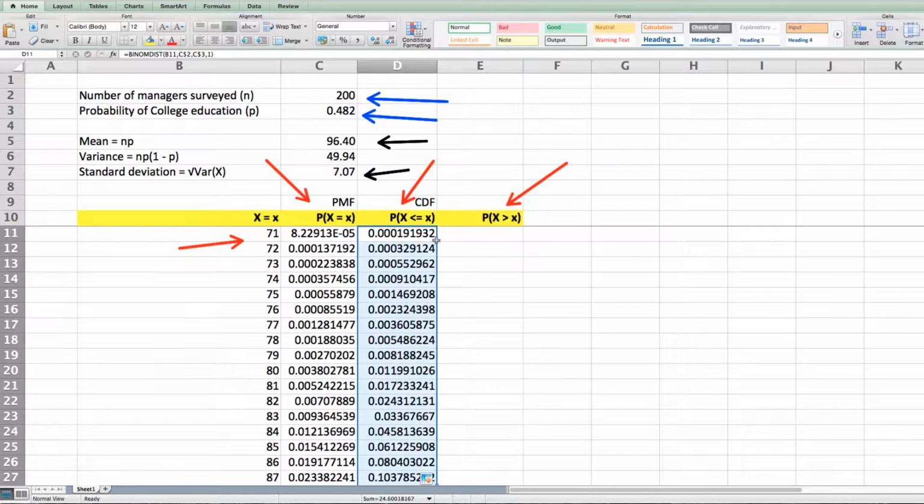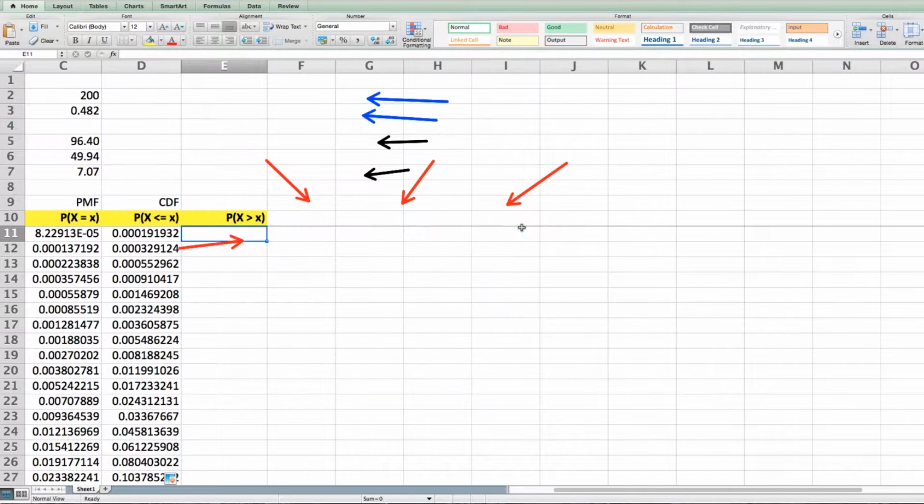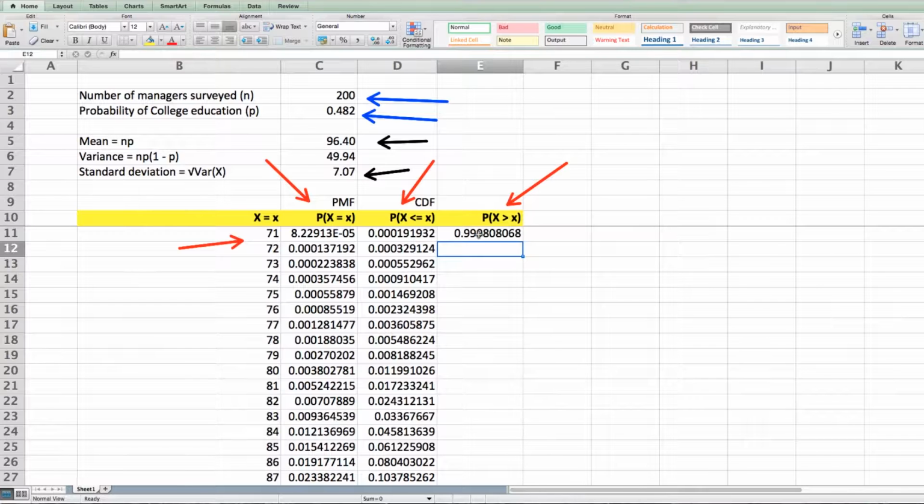I will double click on the cursor and I've got this. Now the probability that x exceeds the value 71 is given by 1 minus the cumulative probability, which is pretty much close to 1, 99.98%. So we have indeed made a good choice of starting from 71.